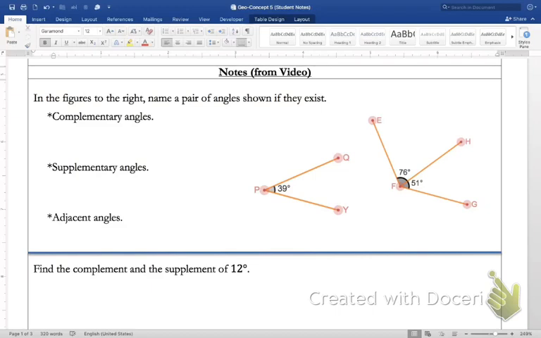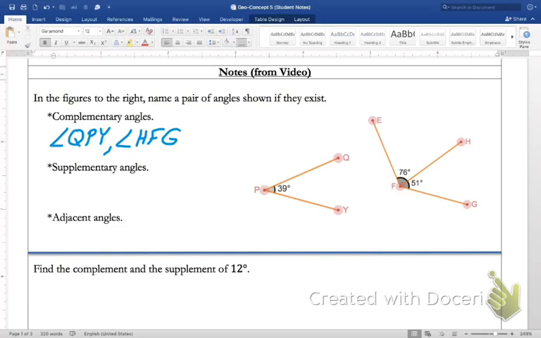They don't have to be next to each other, but we do see that this 39-degree angle and this 51-degree angle do add up to 90. So let's name those two angles. Two complements would be angle QPY and angle HFG, because they add up to 90 degrees.